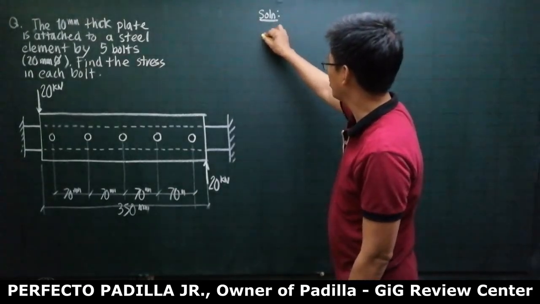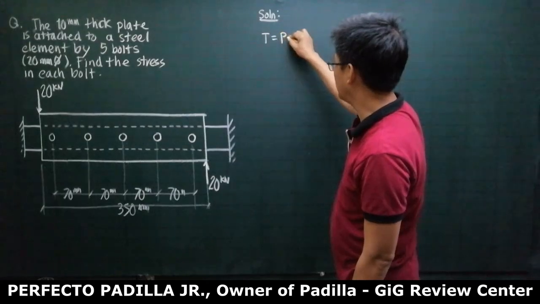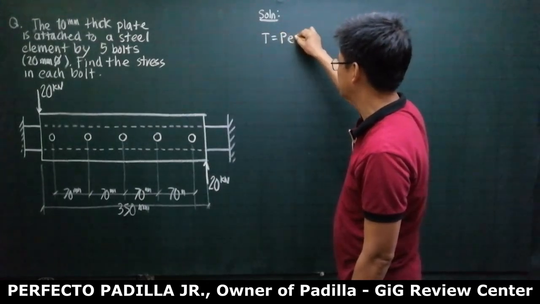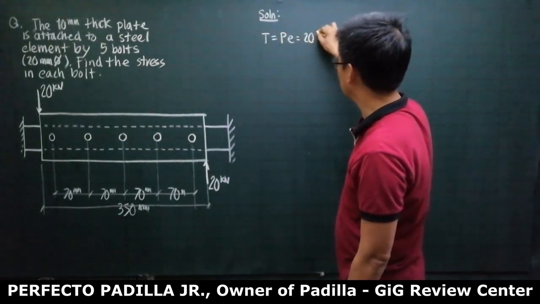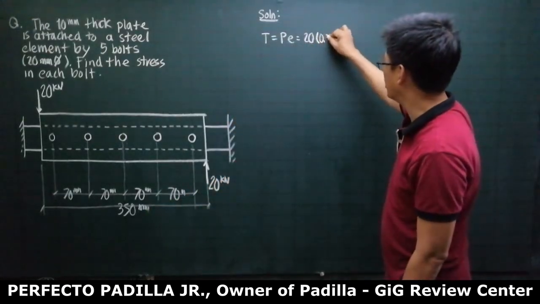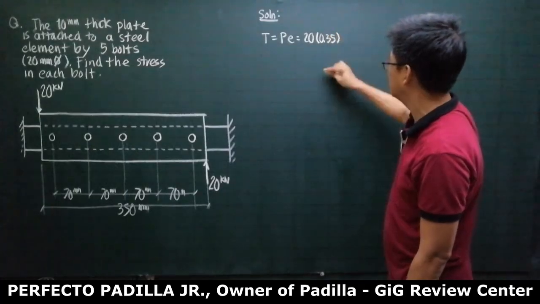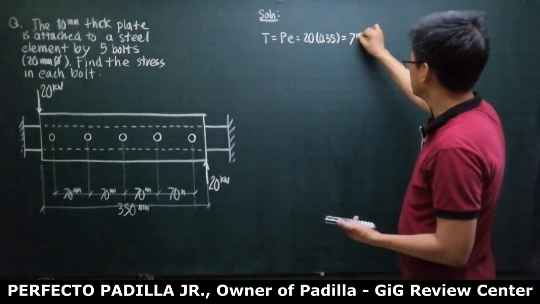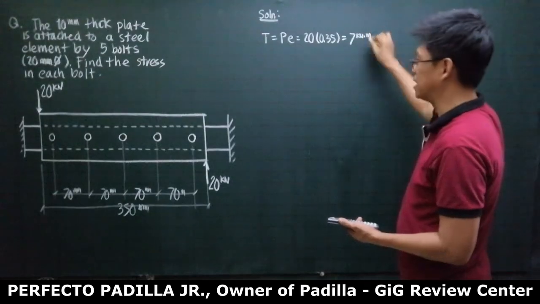So therefore, the torque is simply P times the distance. So 20 kilonewtons times the distance is 350 mm or 0.35 meter. So this is 7 kilonewton meter.